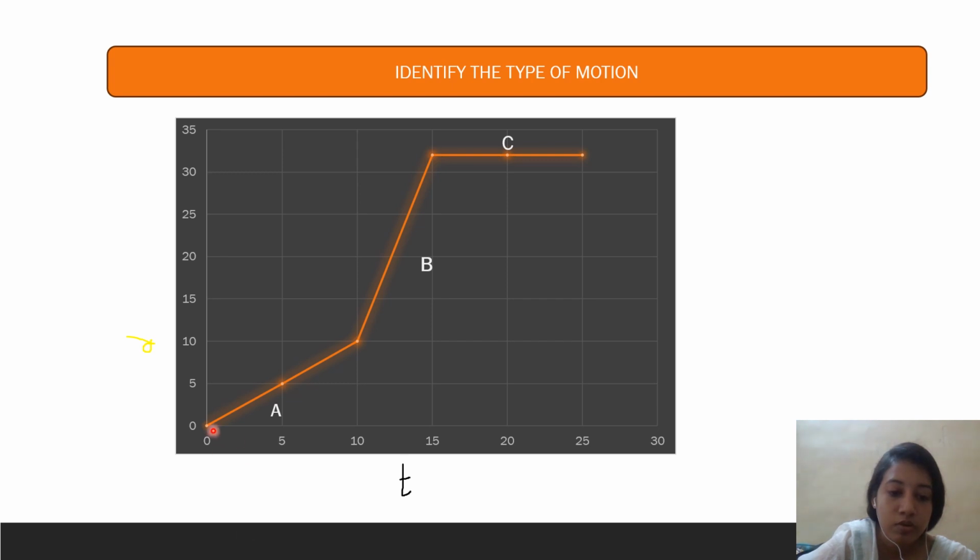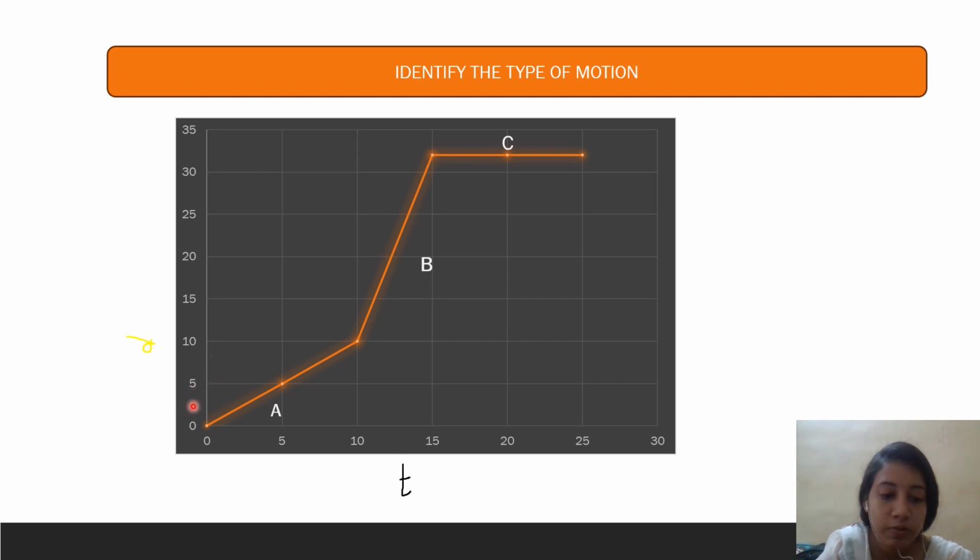Now checking this type of motion here in A, that is from 0 to 10 seconds. The first 5 meters are covered in the first 5 seconds, because the point is found here. In the next 5 seconds, from 5 to 10 seconds, it has again covered 5 meters.